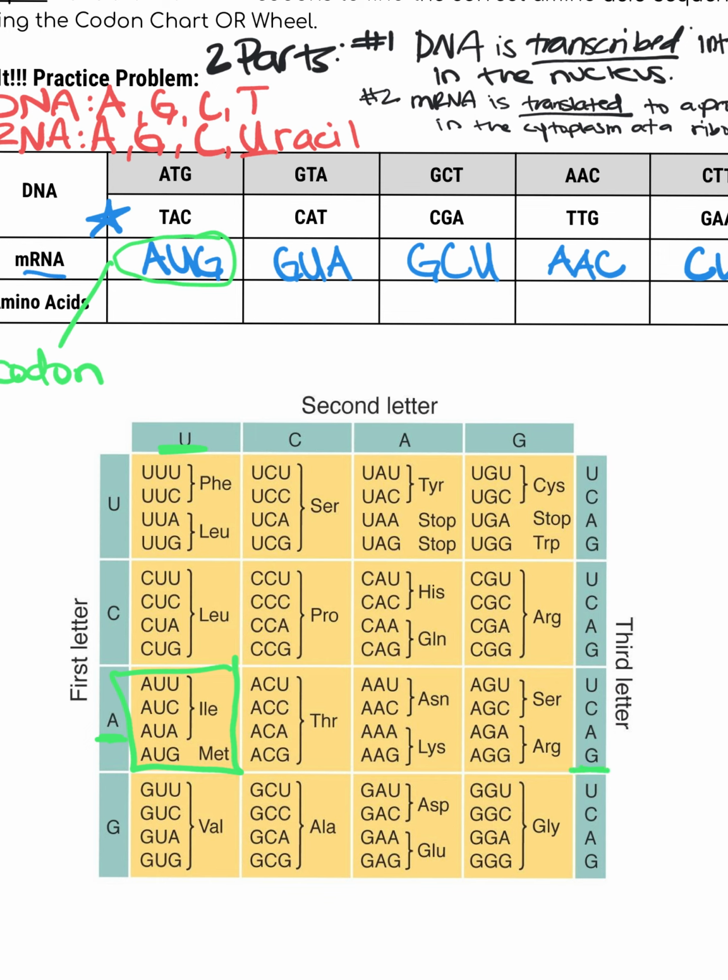Okay, and we can shorten these to write them with the first 3 letters of that amino acid's name. Okay, so let's go ahead and try the next one. So GUA, again, first letter, G, second, U, third, A. So if I follow all of those over, GUA gives me VAL. That is my amino acid. Third one, okay, I've got G, C, and then U. So if I follow it, GCU gives me ALA.